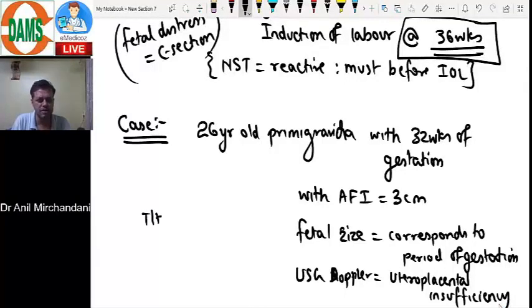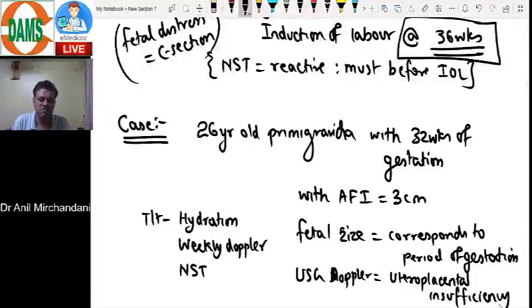What should be the treatment? What will you do? You will do hydration therapy in this case. Then you will do weekly Doppler. Then you will do non-stress test bi-weekly, two times in a week. Then you will do induction of labor at 36 weeks.